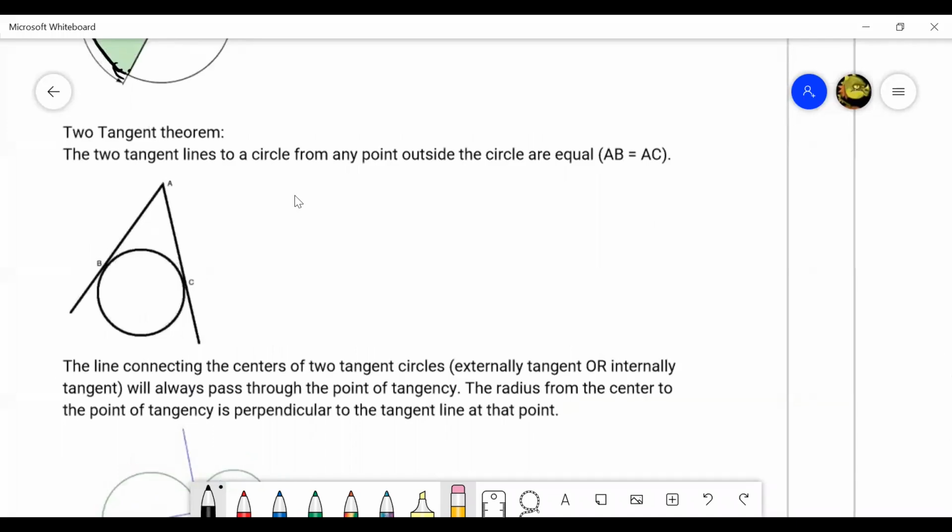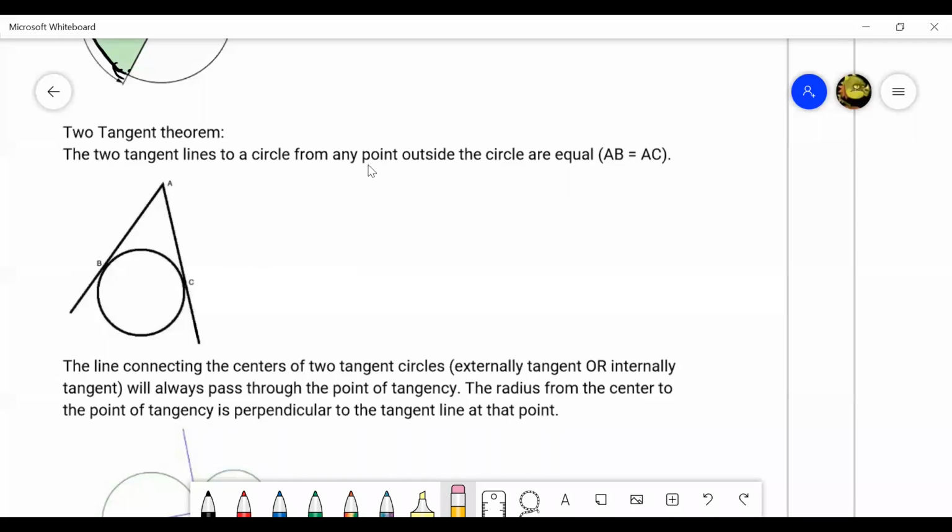Anyway, next up is the Two Tangent Theorem. Basically, this says that for any point outside a circle, there are 2 tangent lines from that point to the circle. A tangent line is a line that intersects the circle exactly once. As you can see in the diagram, the point is A, there's a circle, and it's tangent at points B and C. This theorem states that AB equals AC. And this is very useful.